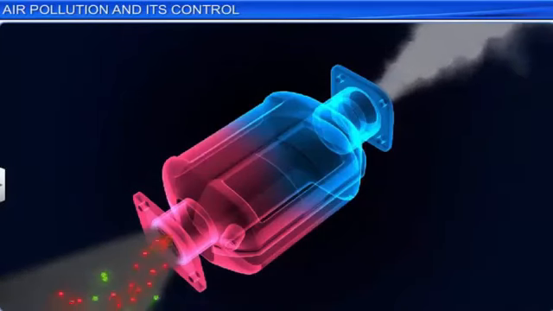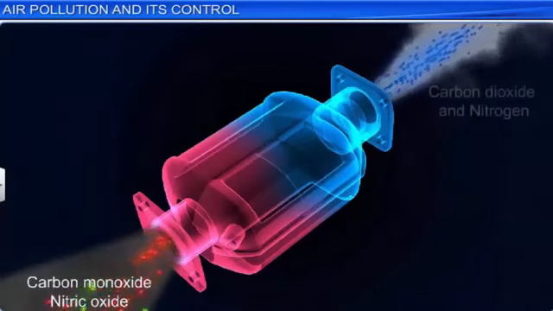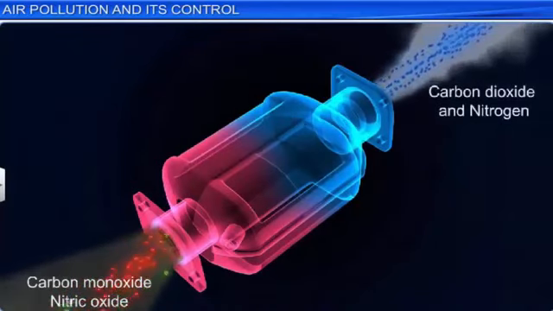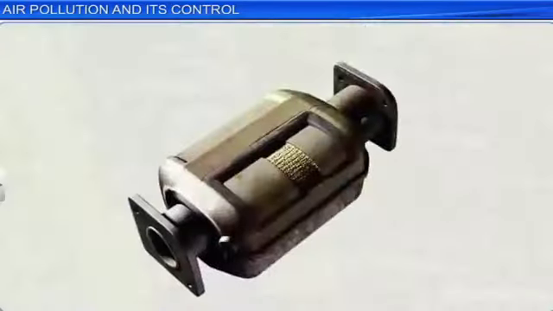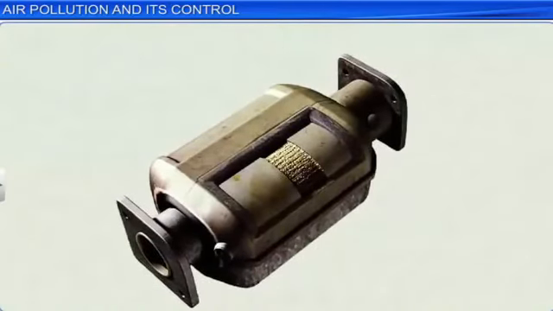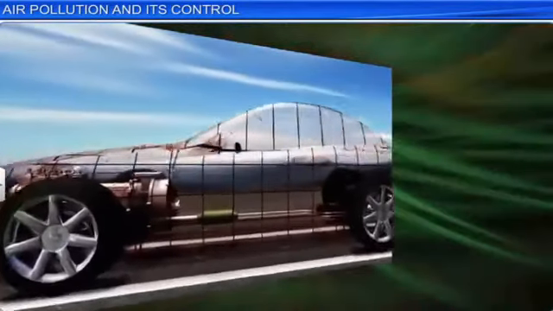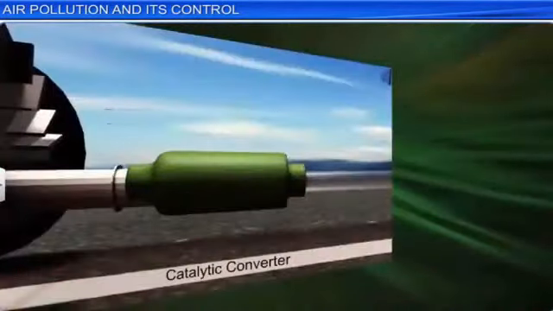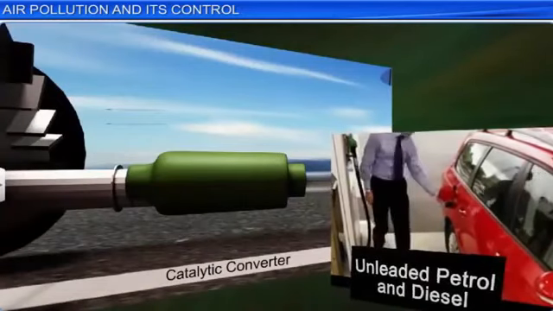Likewise, carbon monoxide and nitric oxide are converted into carbon dioxide and nitrogen gas respectively. Catalytic converters thus reduce the emission of poisonous gases. However, vehicles fitted with catalytic converters should use unleaded petrol, as lead in the petrol inactivates the catalyst.